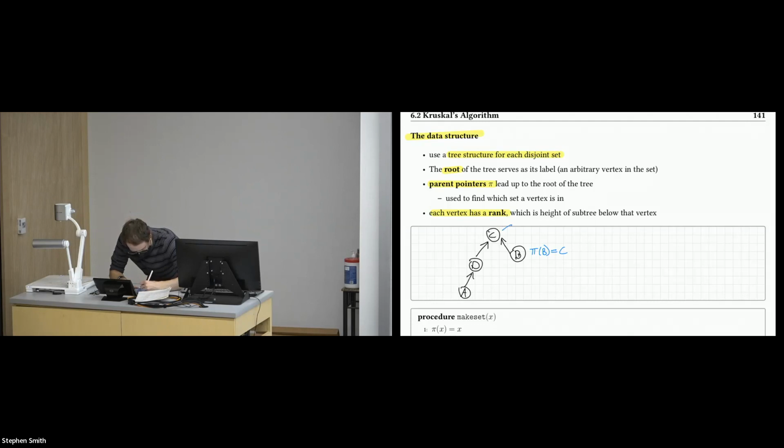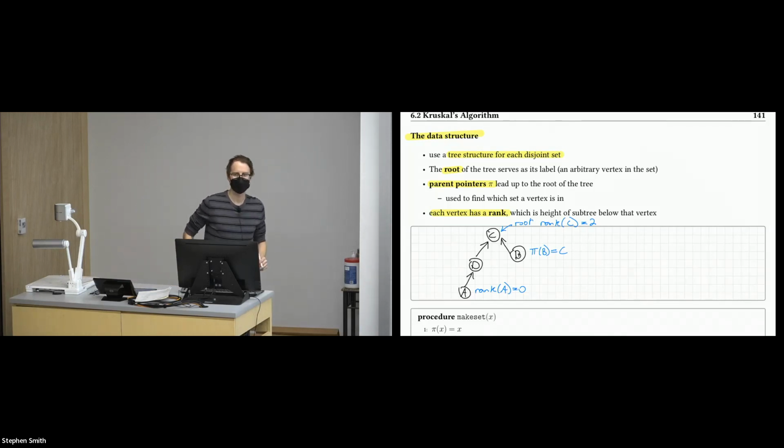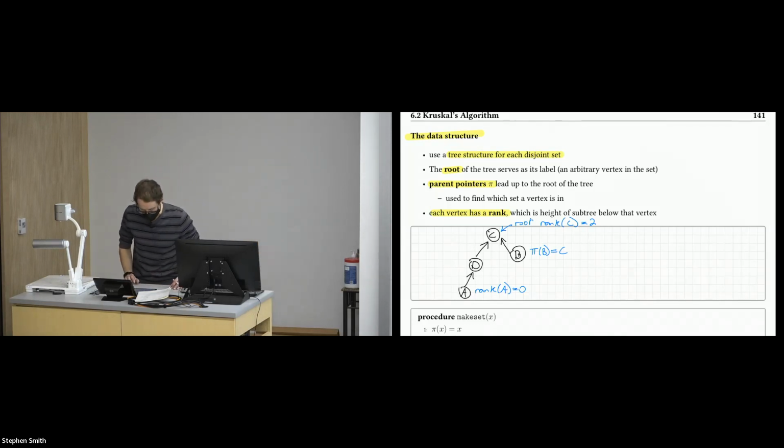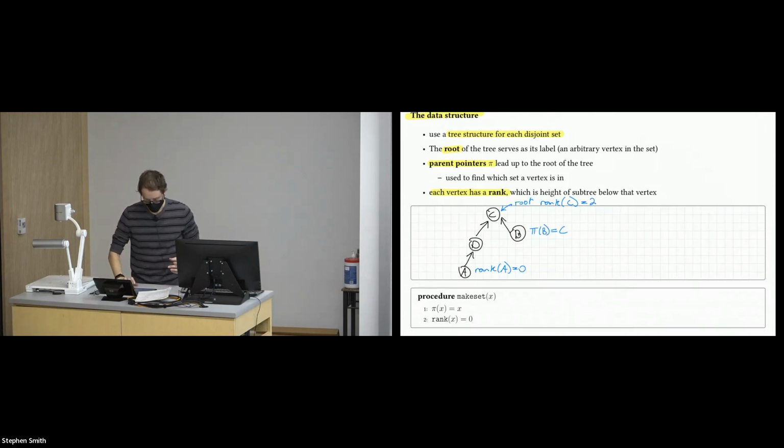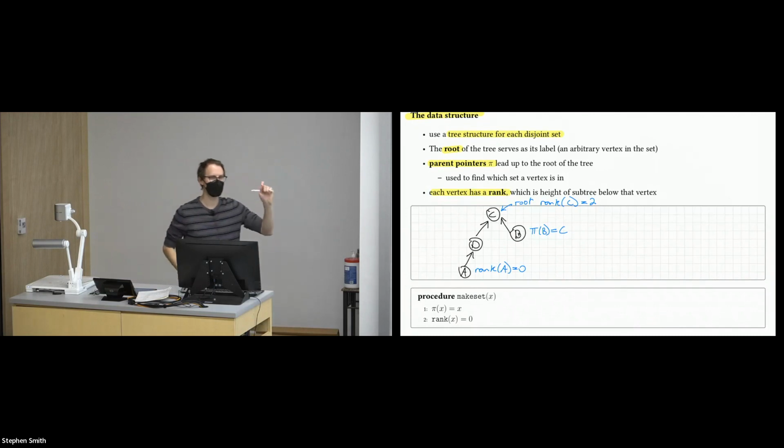C, this is the root. And the rank of A here is going to be equal to 0. The rank of C is the height of the tree below it, and so it's going to be 2. All the others have a parent pointer. I'm just giving one example of what it looks like. And C's parent is going to be itself.